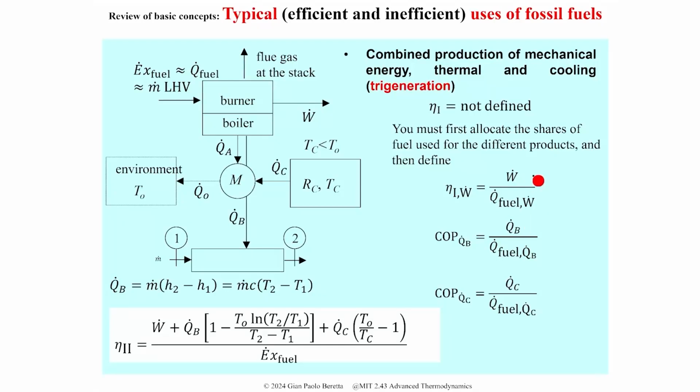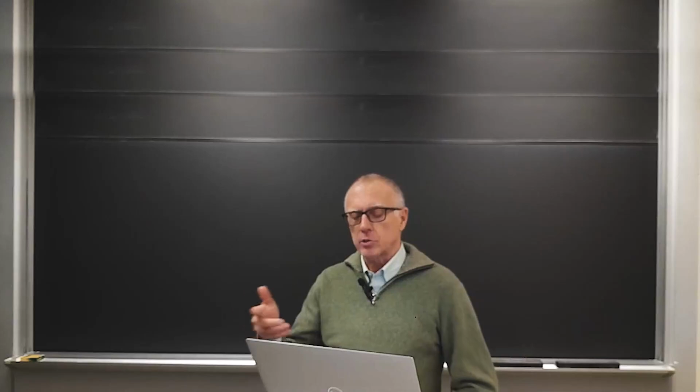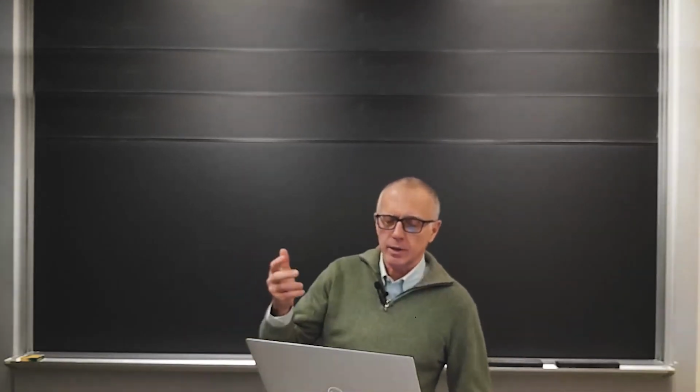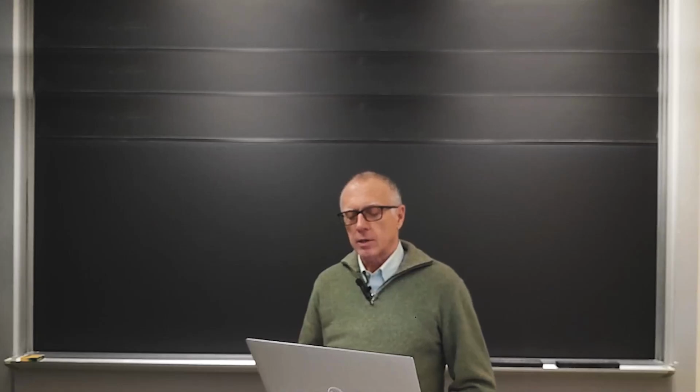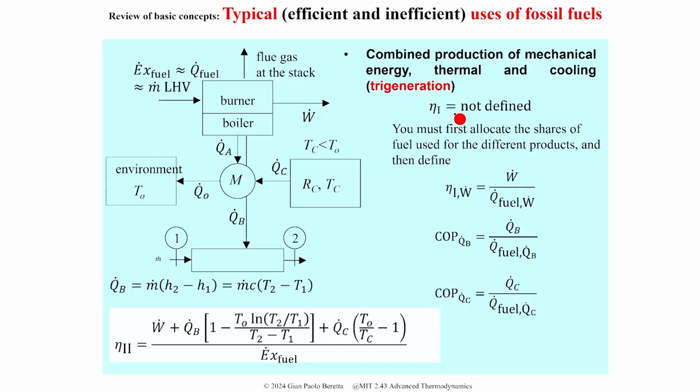And here is one of the problems. It's not so easy to define a first law efficiency, because you have to put in the numerator apples and oranges. You have to put heat, work, and cooling. They're different animals, and they shouldn't stay together in a numerator.